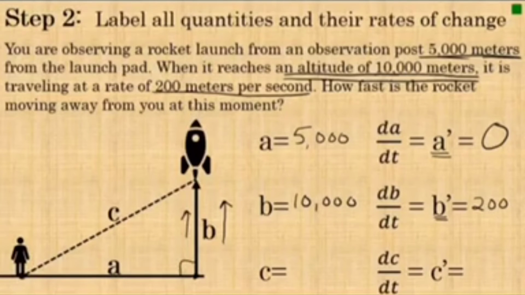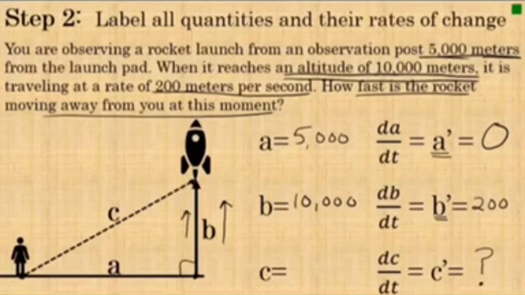And next, let's find C, which is the diagonal line, which means the distance of the rocket from you. In the question, it says how fast is the rocket moving away from you at this moment, which is C. So what is C prime?